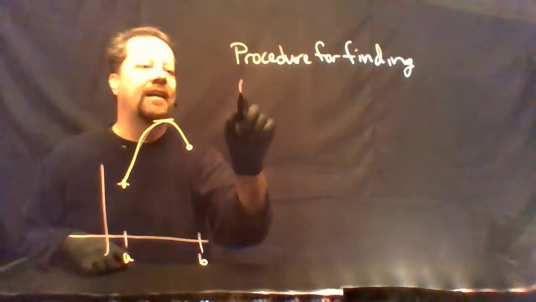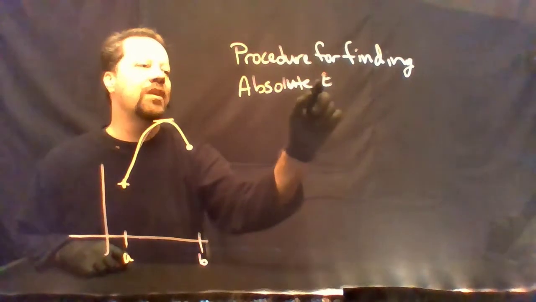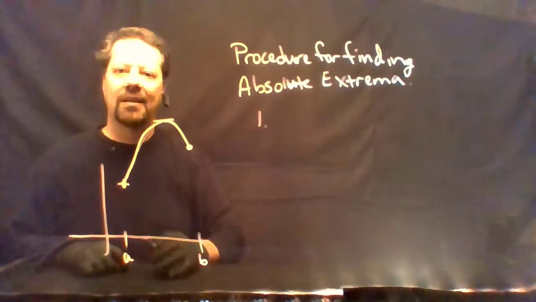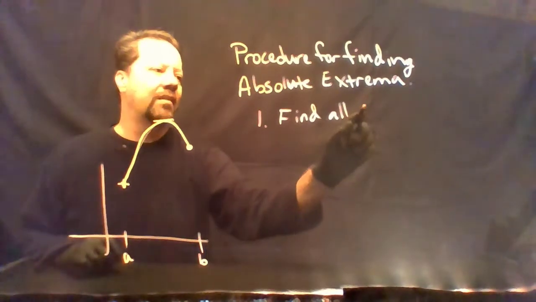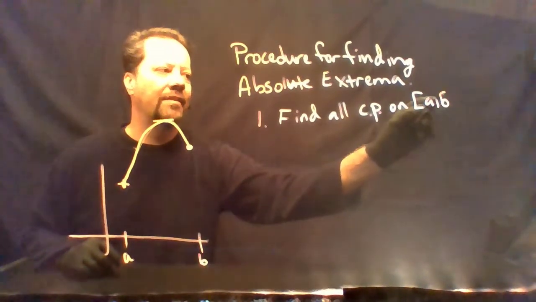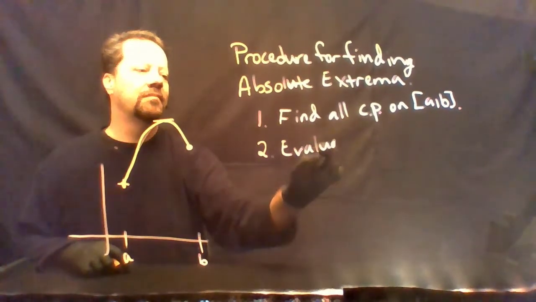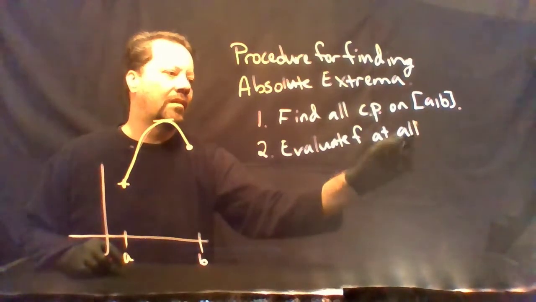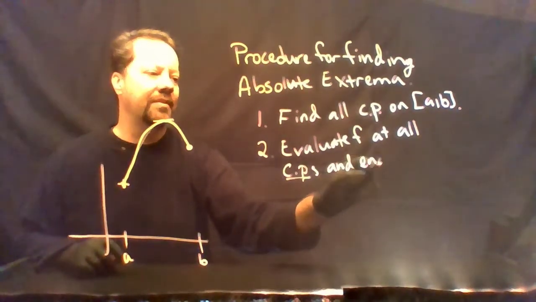For finding absolute extrema: One, find all critical points on the closed and bounded interval AB. Two, evaluate f at all critical points and endpoints.